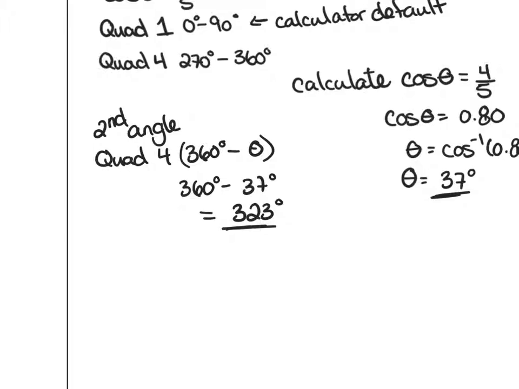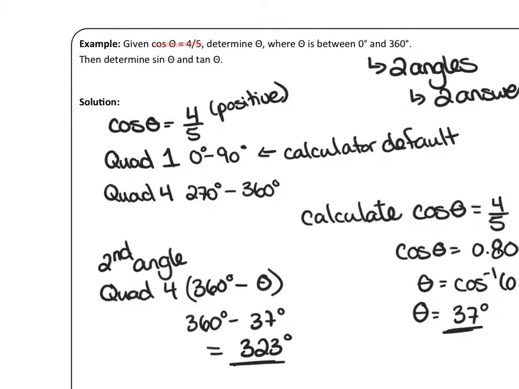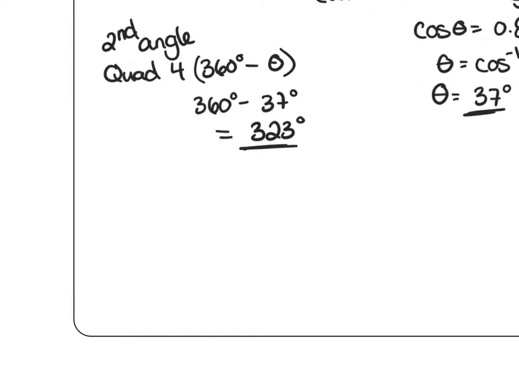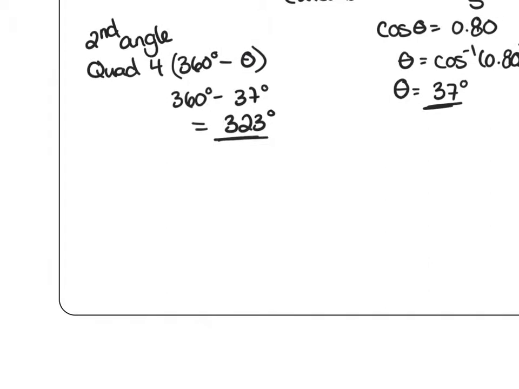Kind of nice. And then what does it ask us? Then determine sine theta and tan theta. So we can then figure out what sine theta is, and you're going to do it for both angles because we have two different angles.